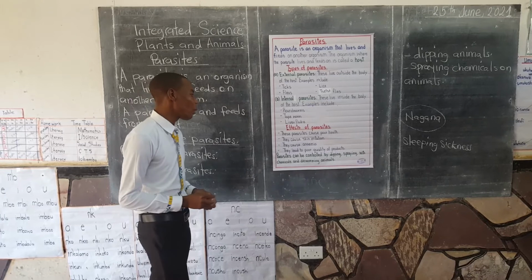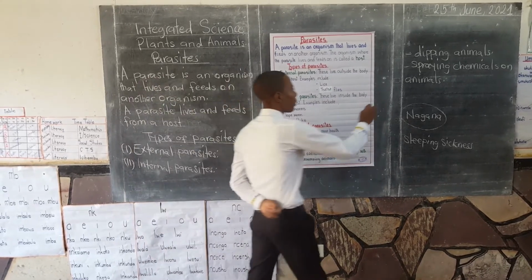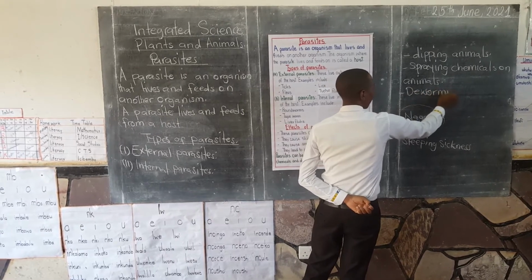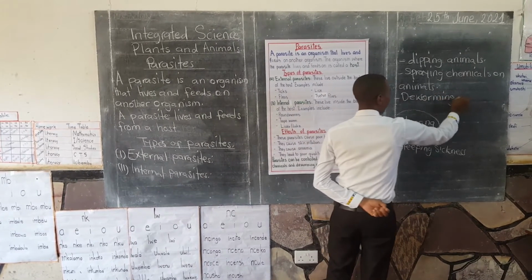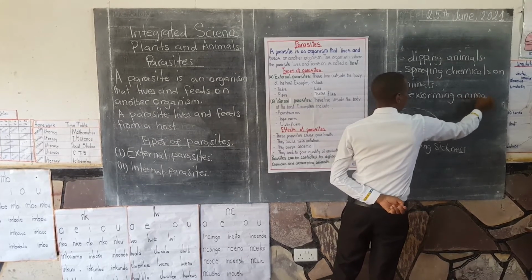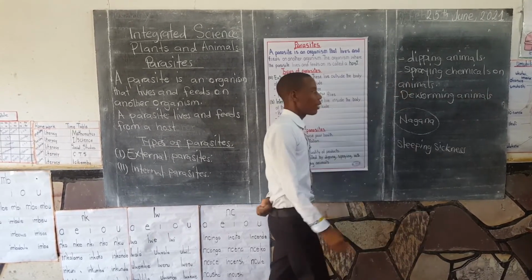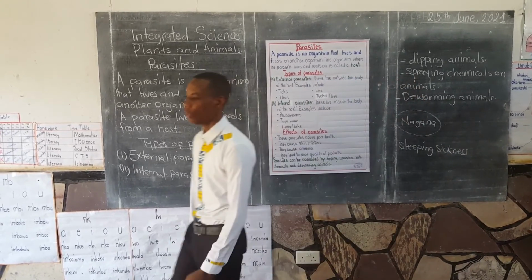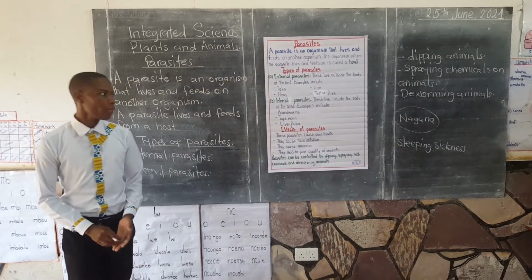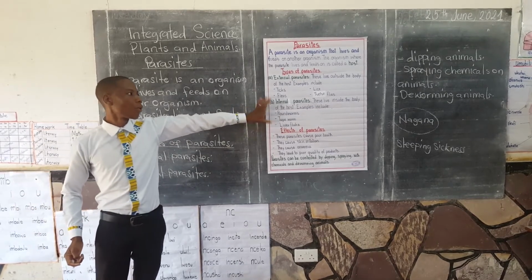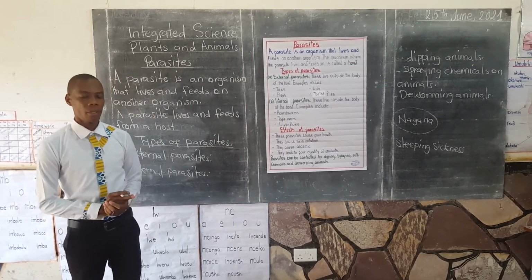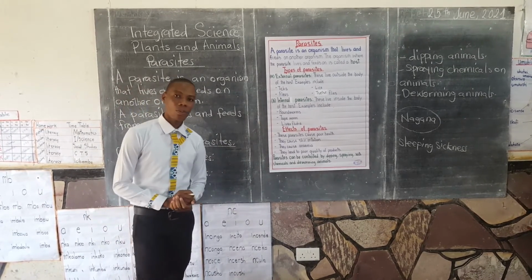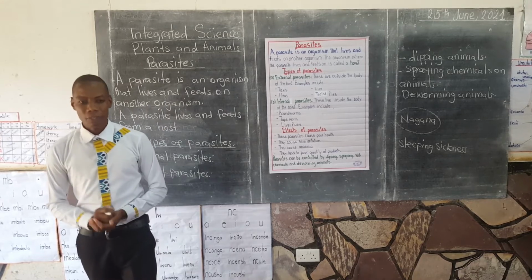Apart from that, we are saying deworming what? Animals. Deworming animals. Now, there are different kinds of medicines that are given to animals to ensure that we deworm. Deworming animals helps to control internal parasites such as roundworms, tapeworms, and liver fluke as well.